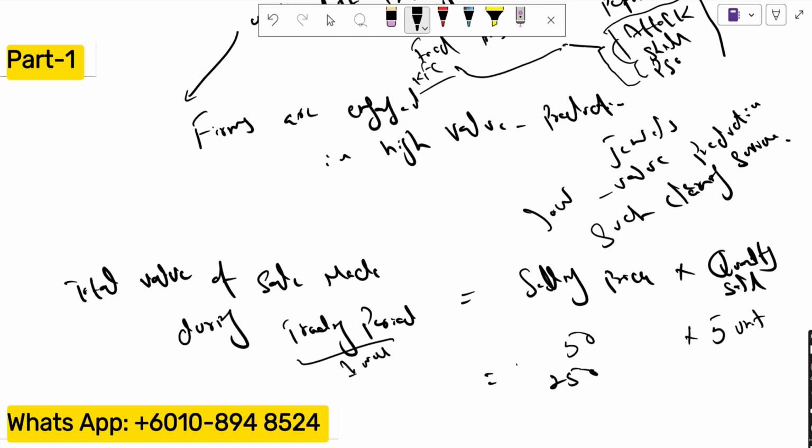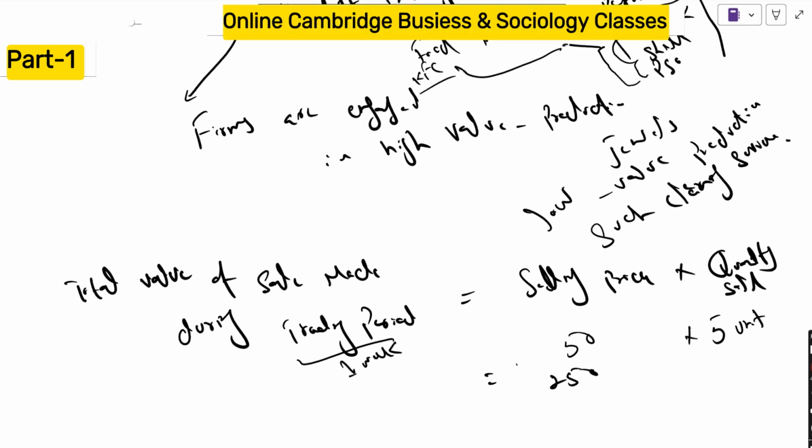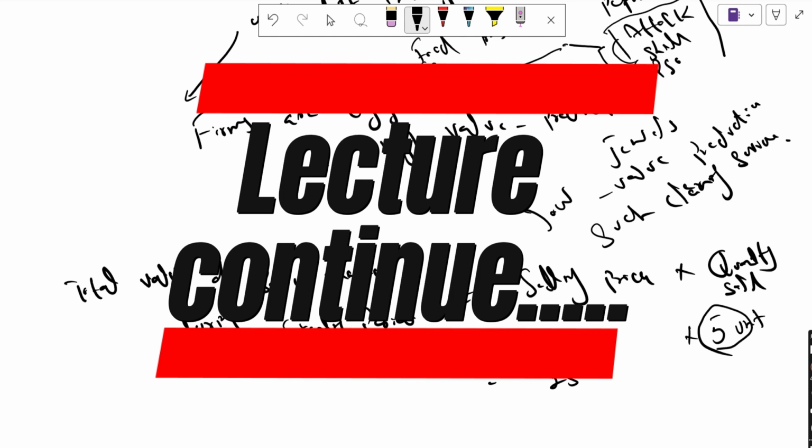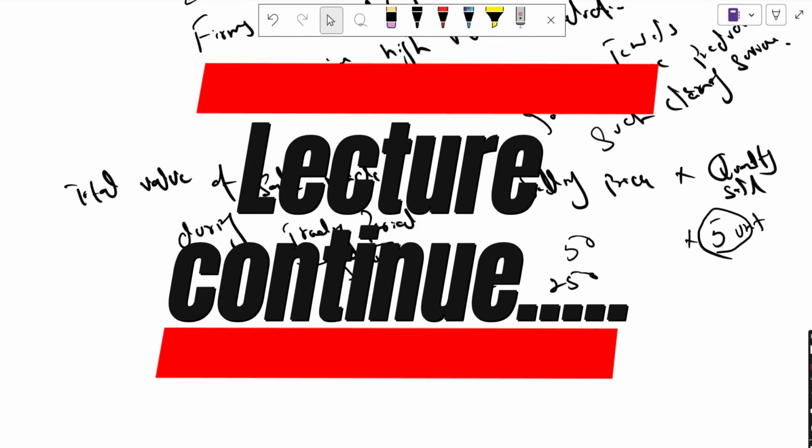So within your trading period of 1 week, you generated 250. What does 250 mean? I sold 5 pens, and the price of each pen is 50. When you multiply both, you get the revenue of your trading period.